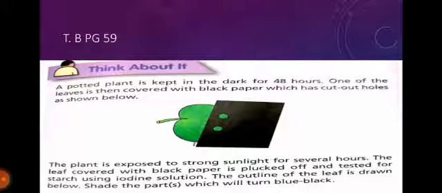So what do you think, what will happen? Okay, you can see here in the picture, the green part of the plant was receiving the sunlight when they placed it in proper sunlight. So this part of the leaf will make the glucose and will convert it into starch.